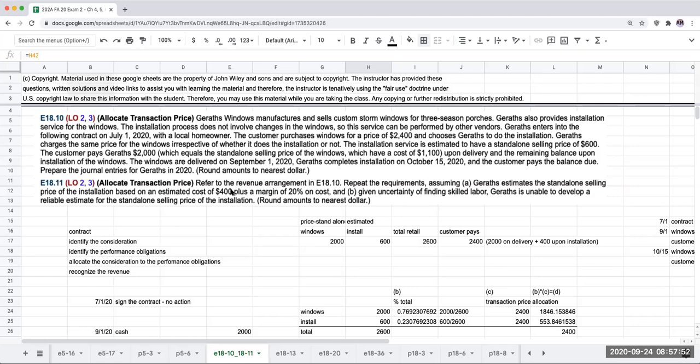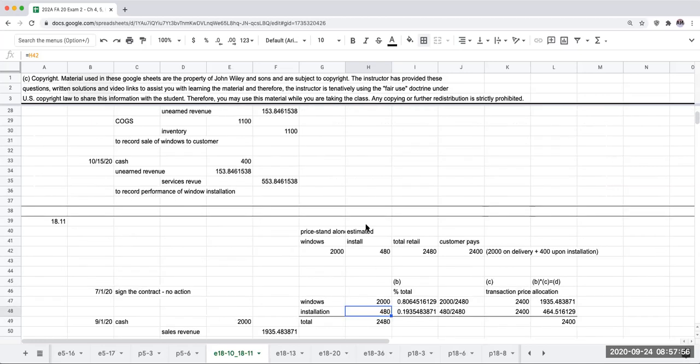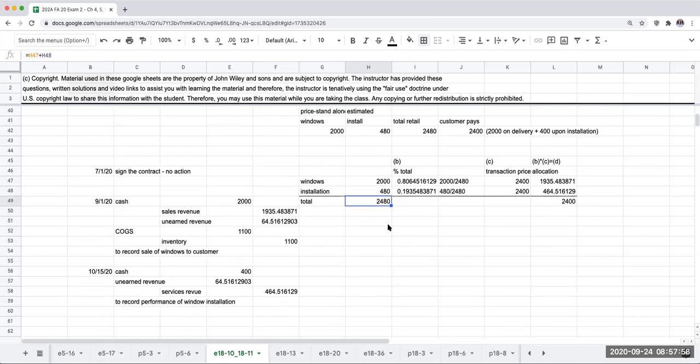So my selling price for the installation is 480. And then right over here, that's my new total. So this is what the fair price is. Then it comes over here. So I'm recording that as unearned revenue because I'm only recognizing the sales revenue up to the amount of the windows. Over here, cost of goods sold and inventory. And then down over here, I have cash and then unearned revenue and then services revenue.